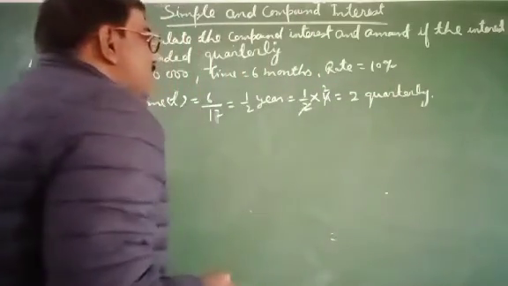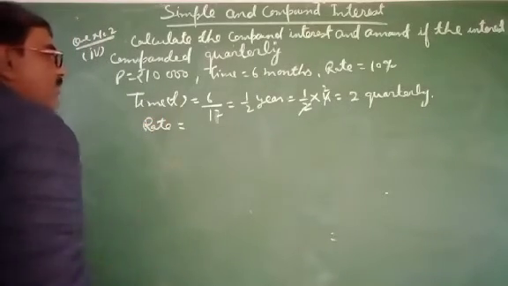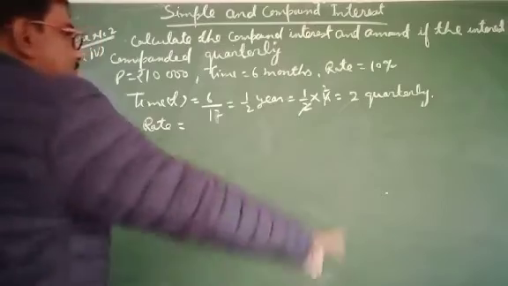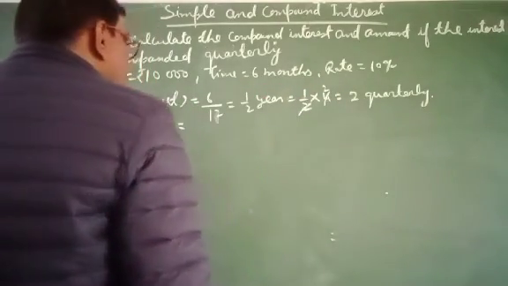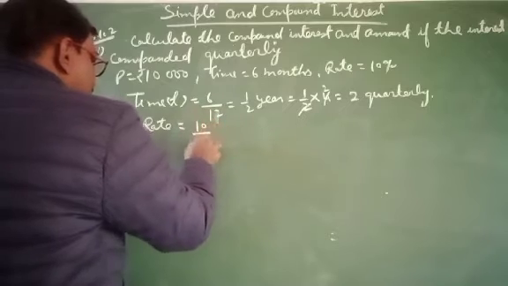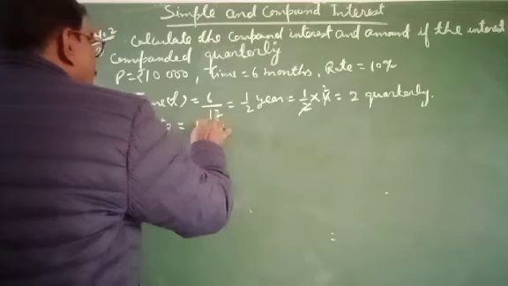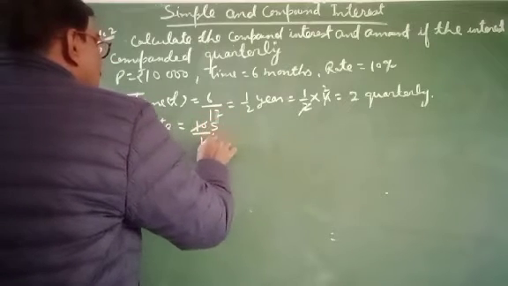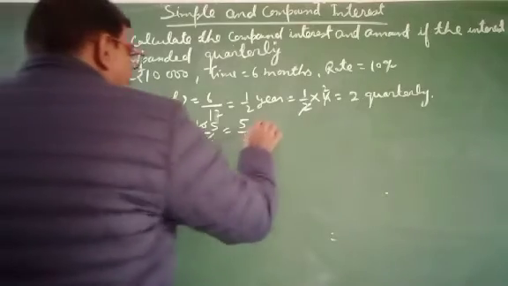Now rate is 10%, so I will divide 10 by 4. 2 fives are 10, 2 twos are 4. Then it will be equal to 5/2 quarterly.